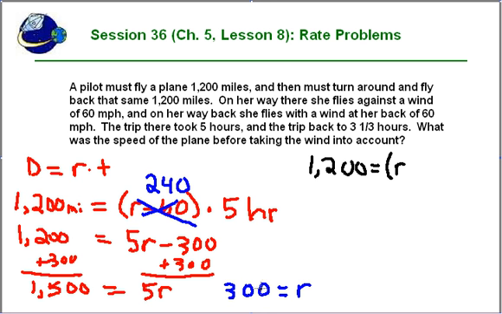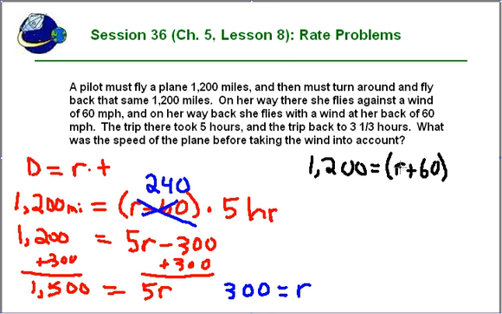For a moment, we're going to ignore the fact that we calculated this out to be 300. At this moment, we're still assuming that that rate is unknown. So that would be r. But since the wind is blowing directly at the back of the plane at 60 miles an hour, it's actually increasing the speed of the plane by 60 miles an hour. So her rate on the way back is going to be r plus 60.